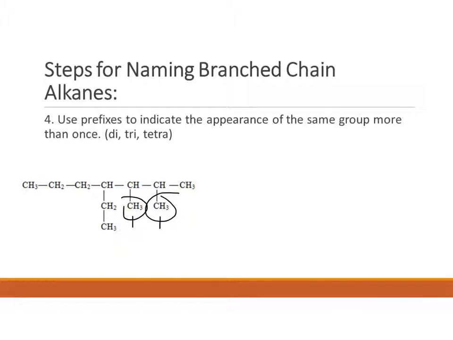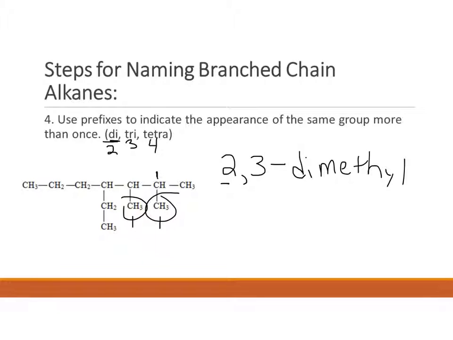So instead, we call it 2,3 dash, and then we use the prefix di because there's 2 of them. We would use tri if there's 3 and tetra for 4, but there's 2, so we say dimethyl. And that indicates that there's a methyl group coming off of carbon 2 and coming off of carbon 3.